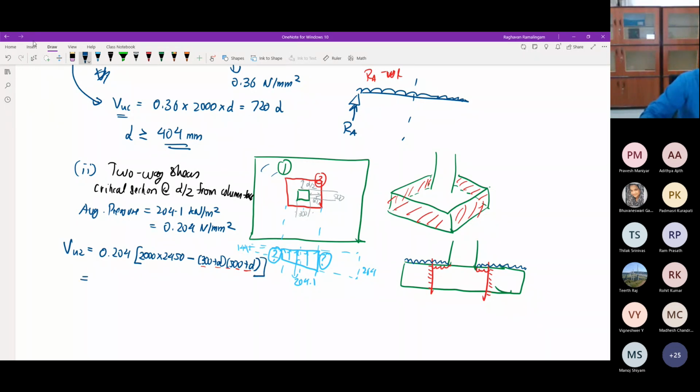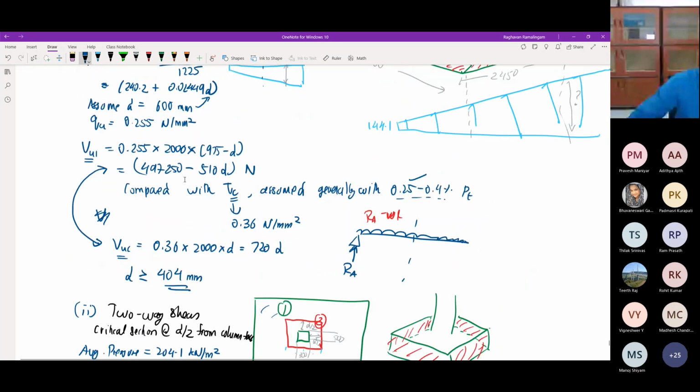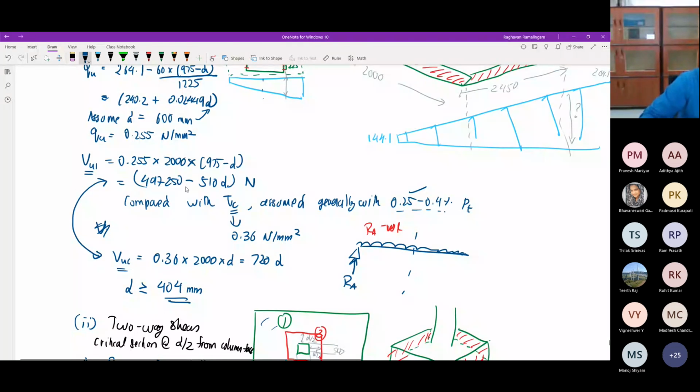So this one becomes 870 into 10 power 3 newtons. Once again, just like what I did before, for one-way shear we found out the shear coming from the projection and the shear coming within the critical section.